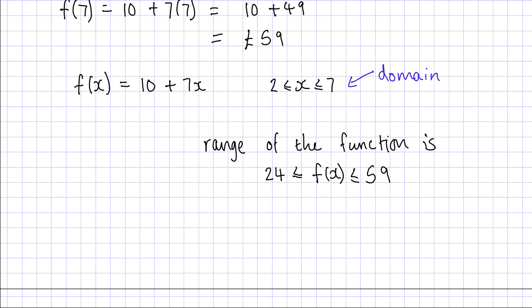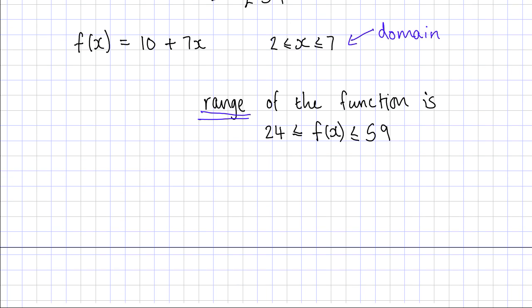So the range of my function is here: 24 is less than or equal to f of x, and that's less than or equal to 59, and the domain is here.